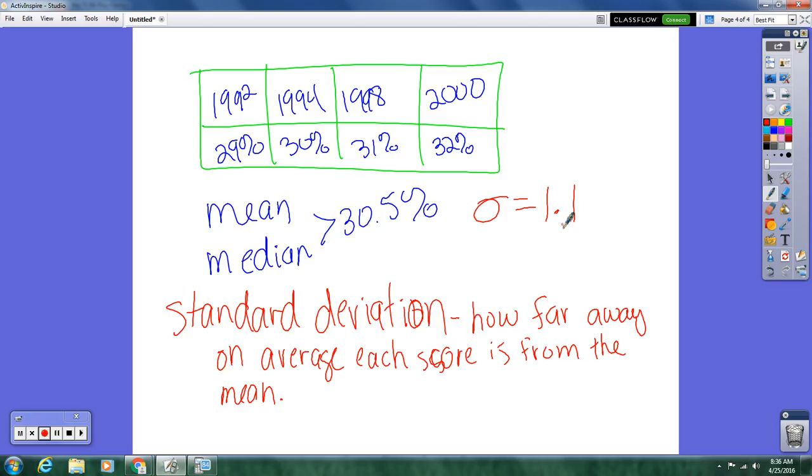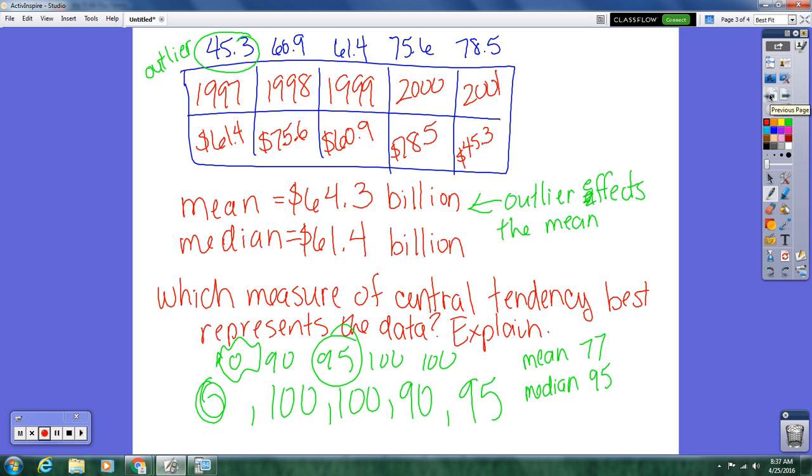But just remember, standard deviation is how far away you are from the average. So if I were looking at the standard deviation of these numbers, these are really close together, aren't they? 100, 195, and 90. That standard deviation on that zero is definitely not close to any of my numbers.